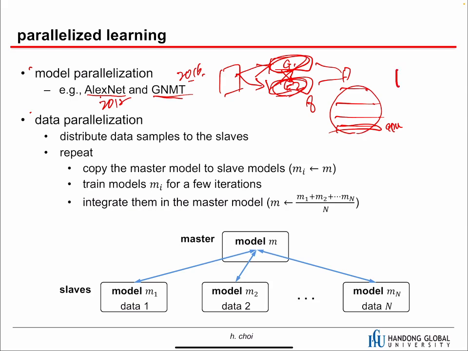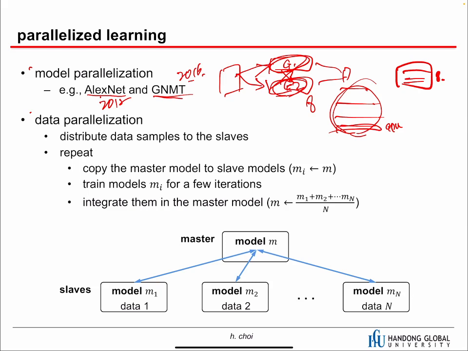And for the decoder architecture, there are 8 layers, and they used 8 GPUs for the decoder. So they used 16 GPUs to process this architecture. If you have many computational units and you want a really large network architecture, then you might have to think about model parallelization, but it's really complicated.